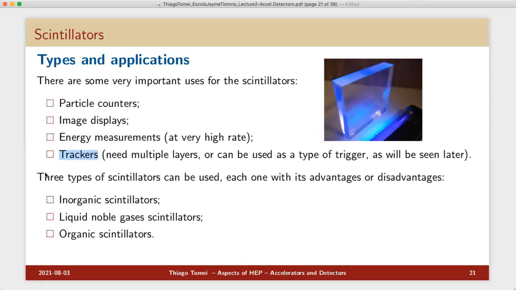I'm just going to tell you there are three types of scintillators, essentially, that can be used. Each one has its advantages and disadvantages. They can be inorganic scintillators, liquid noble gas scintillators, and these are the usual materials that you hear about, for instance, in the liquid argon calorimeters, and organic scintillators.